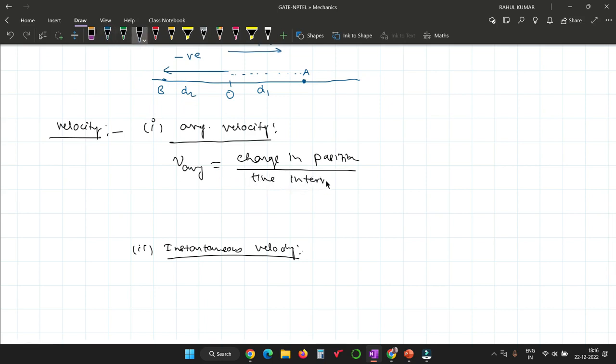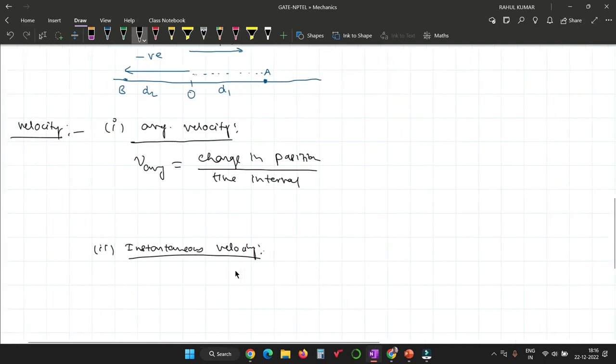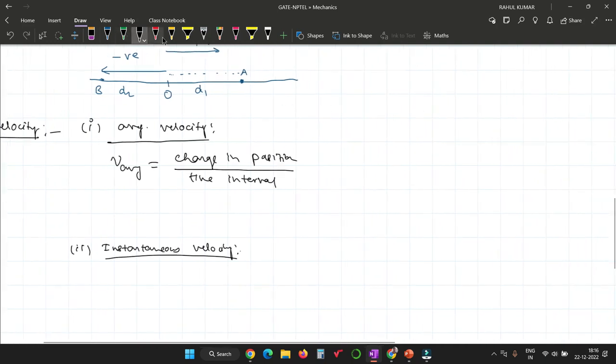Time interval. Okay, so what does it mean? Suppose I talk about a rectilinear motion. Let's take a reference point O. Suppose at time t, the particle P is situated at position x.